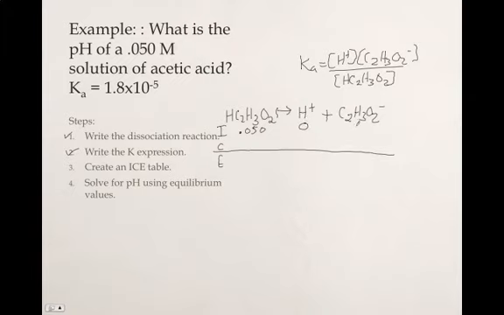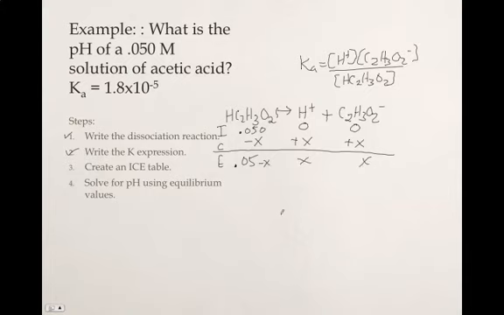Then the change: because this side is 0, it will gain. That means this side has to lose, so it'll be minus x because it has a coefficient of 1, plus x because it has a coefficient of 1, and plus x because it has a coefficient of 1, giving us an equilibrium of 0.05 minus x, x, and x. Okay, so we created our ICE table.